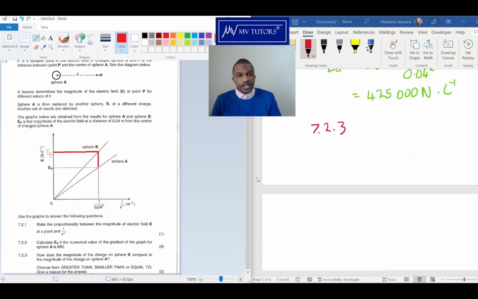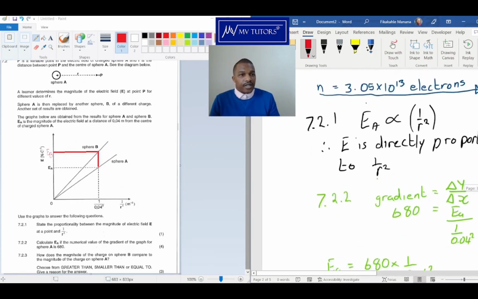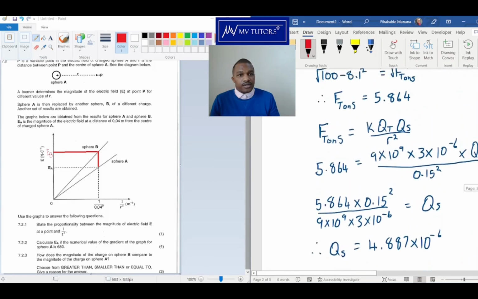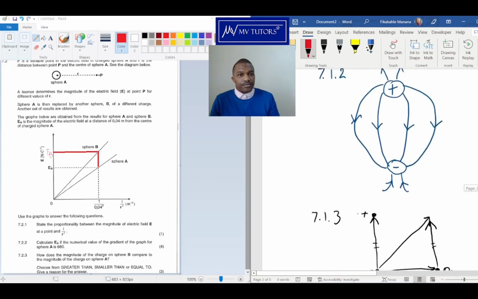So we can say it's going to be greater than, because E is directly proportional to Q. Where do we get that from? We get that from Coulomb. Here it is. The charge.